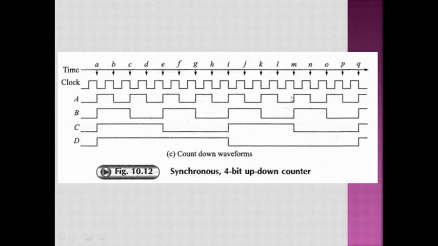Prior to M, A is low, B is low, so at M flip-flop C toggles. Again it toggles at Q. So this kind of waveform we obtain when operating in countdown mode.